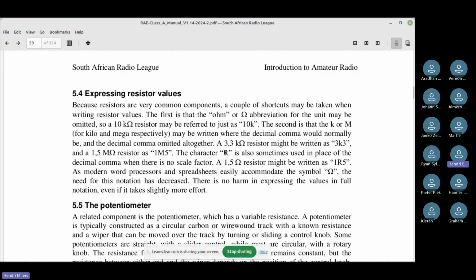You can also put the R there. So if you've got a 1.5 ohm resistor, you will put 1R5 as they've done here. 3K3 is a 3,300 ohm resistor: 3, orange with 2 zeros to make it 3,300. So that would be orange, red, just for interest's sake.